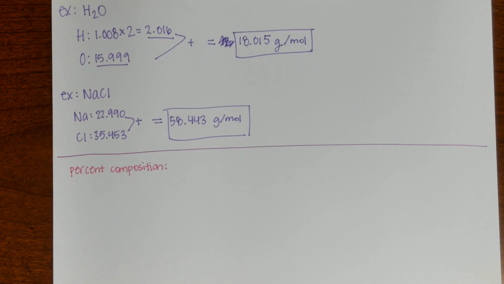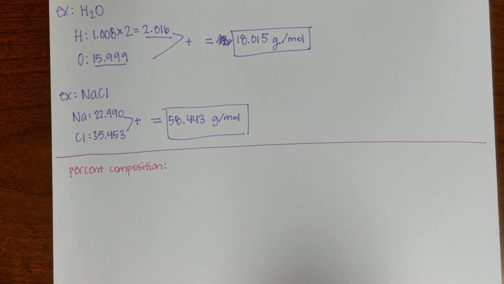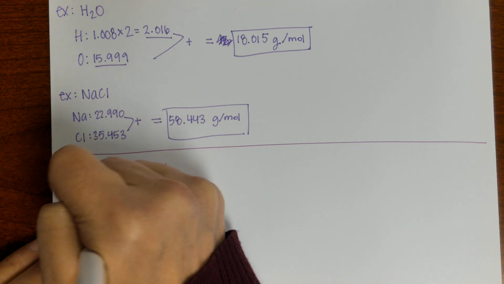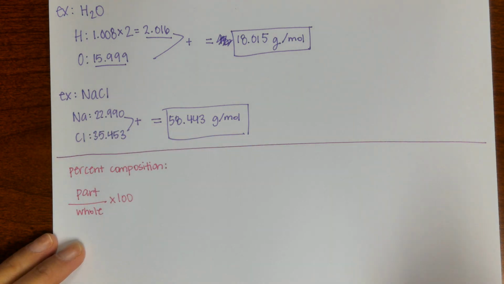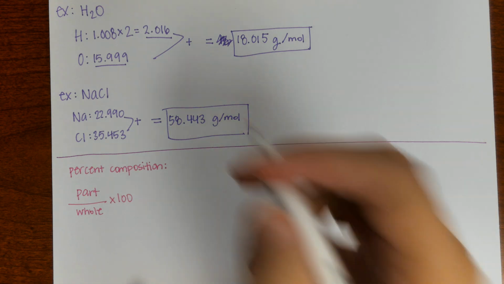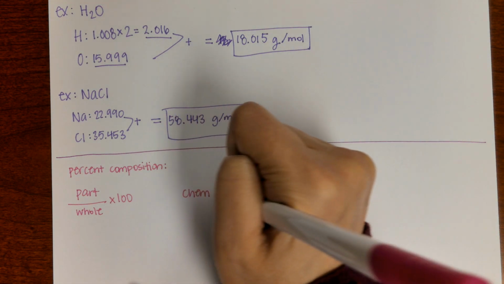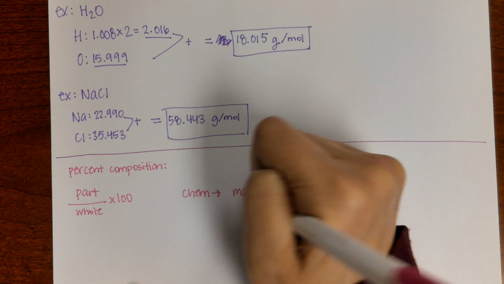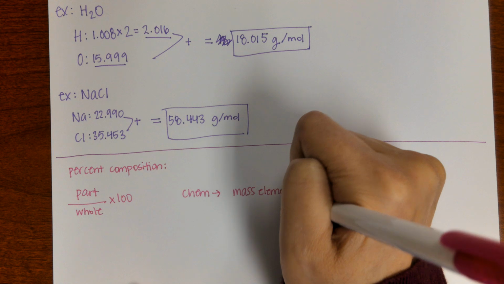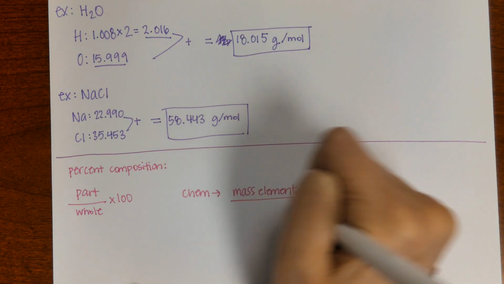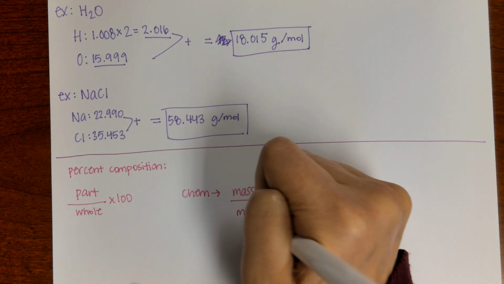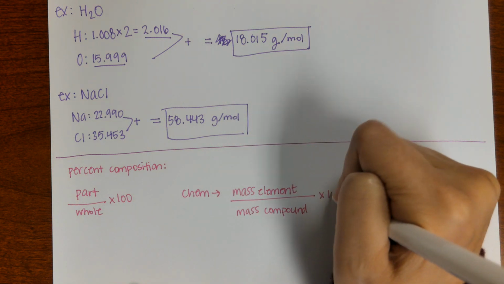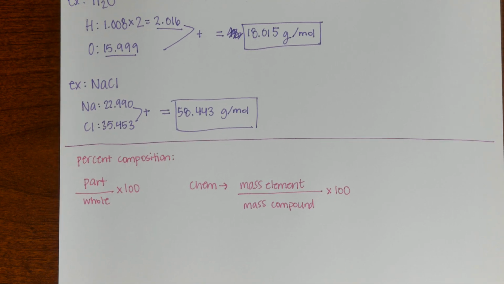If you think of percents in general, it's parts over whole, and then you multiply that by 100 to get the percent, right? But in chemistry, you're going to take the molar mass of your element, divide that by the mass of your entire compound, and multiply that by 100.